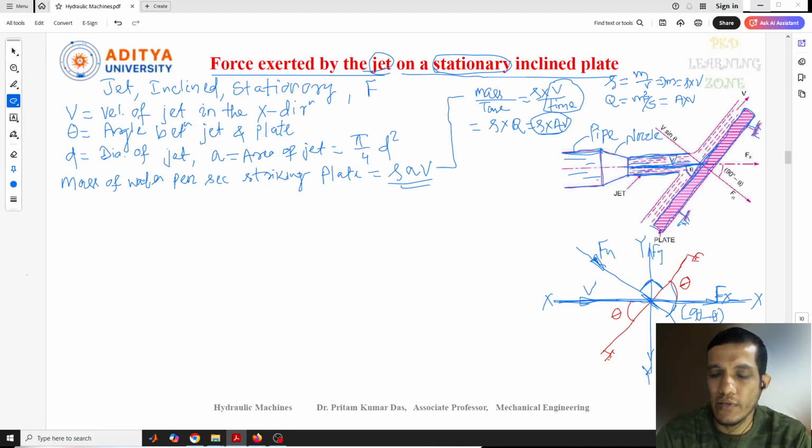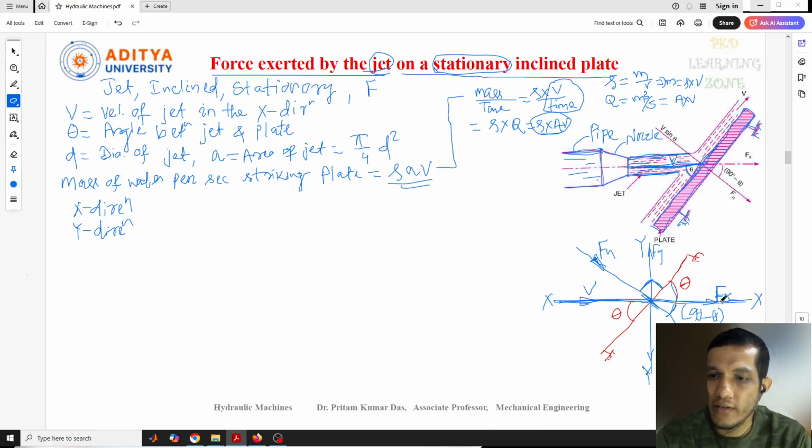The normal force we have taken, we need to resolve in two directions: one is the x direction component, another is the y direction component. You may have heard previously that a component of force is resolved in two ways. Here this angle is 90 minus theta.